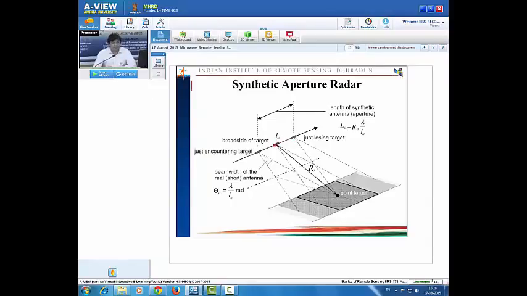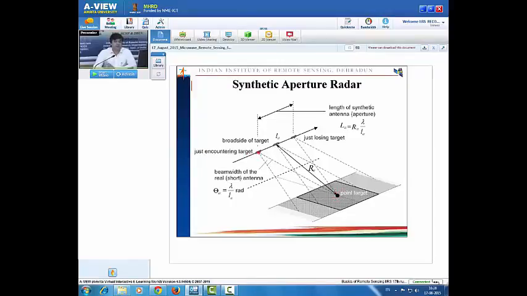Like in this case, if you are able to see this point target, suppose the radar sensor starts transmitting the pulses from this location, and we are expecting that before that the SAR sensor was not able to capture any information of this point target.